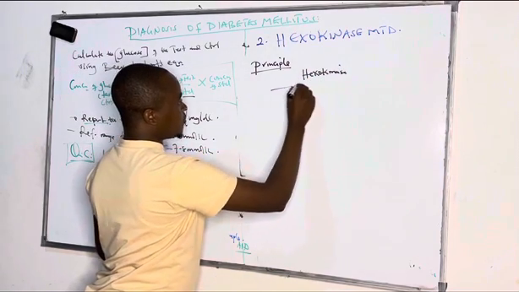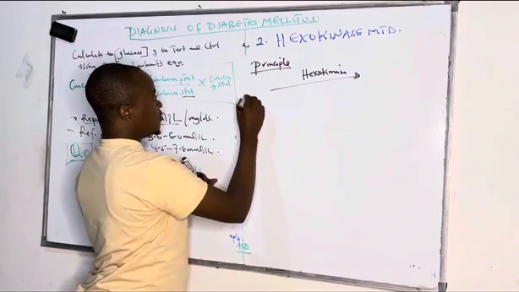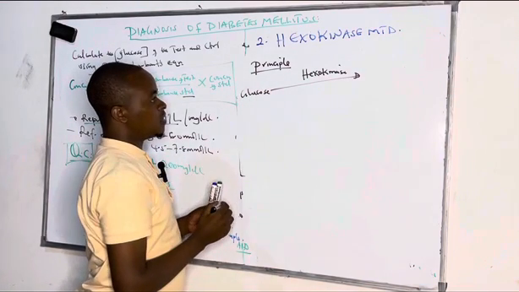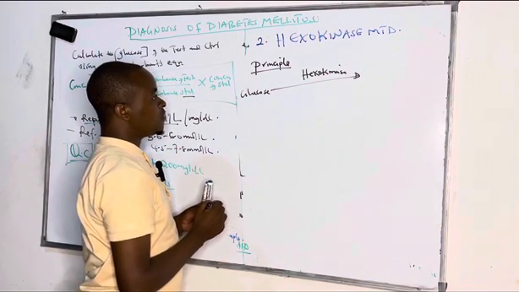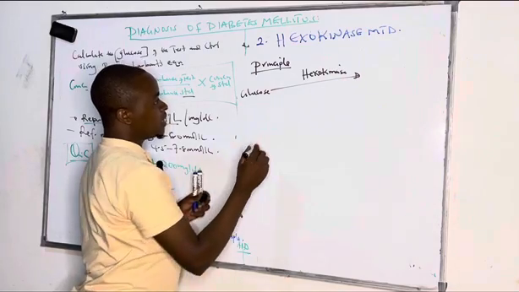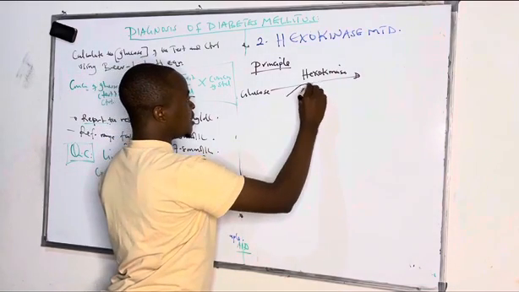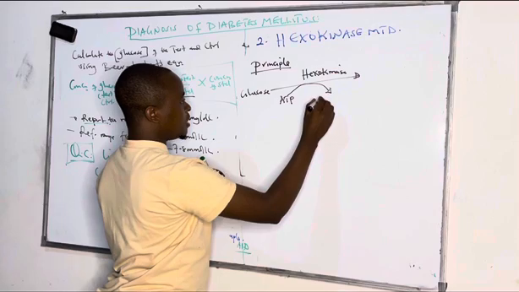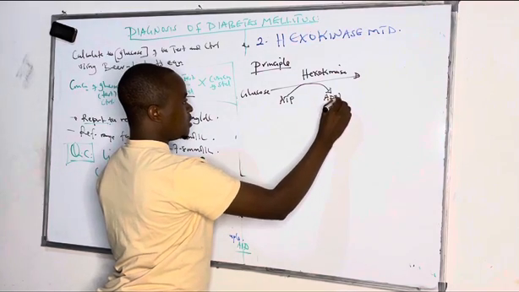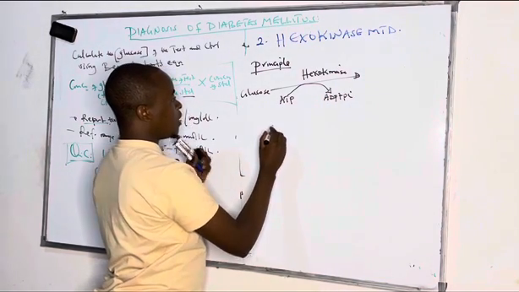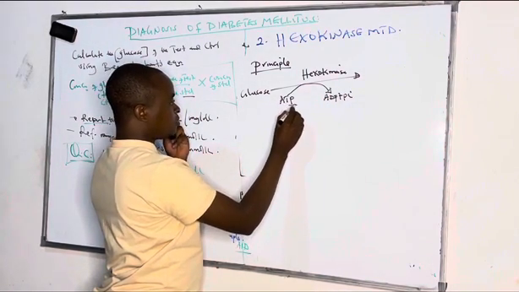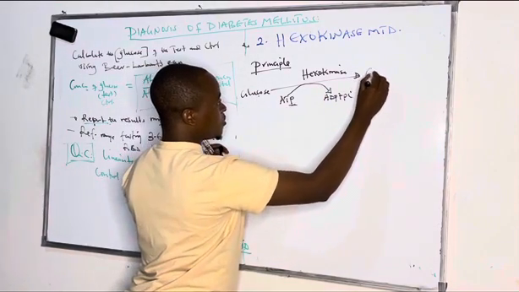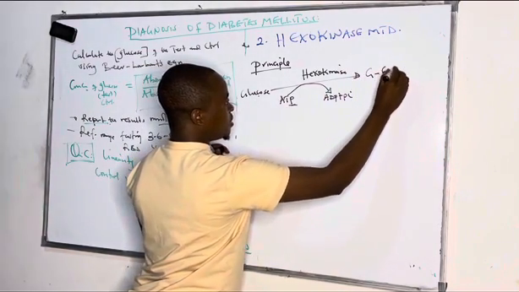catalyzes the phosphorylation, whereby if I have glucose in my sample, which I have collected in the lab, hexokinase will catalyze its phosphorylation by adding ATP and hydrolyzing it into ADP plus inorganic phosphate, whereby it is going to add a phosphate group at carbon number 6 of glucose to form glucose 6-phosphate.